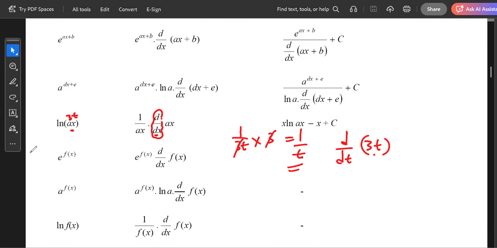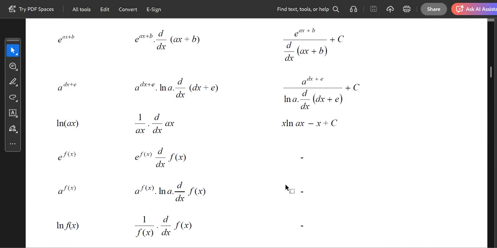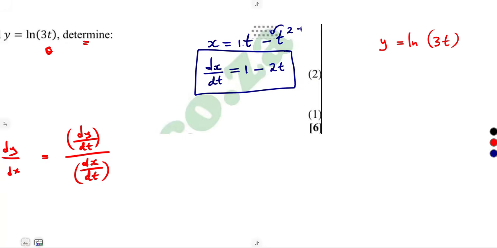Or we can just consider, I explained something like this in some of our revisions, if you're given the derivative with respect to t, and we've got ln f of t like this, it is going to be the derivative of f of t over f of t.